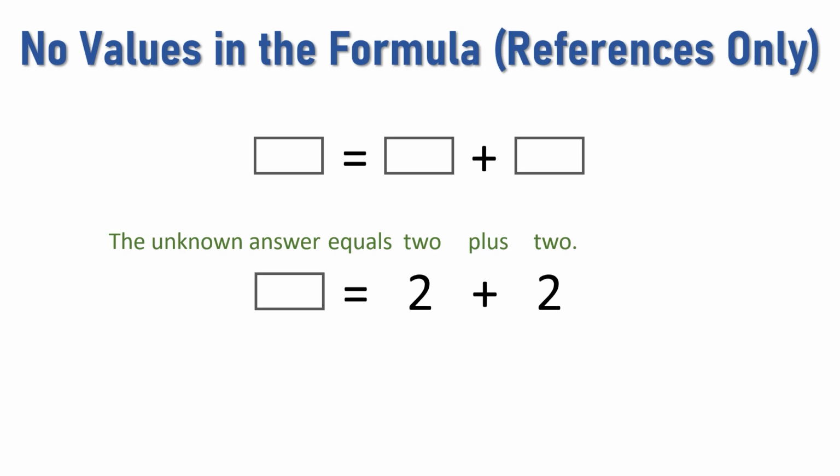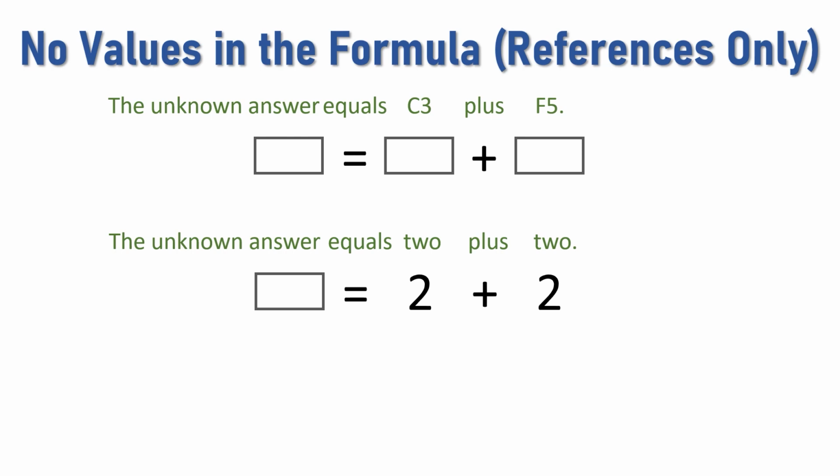So how do we write the formula without the actual values? We're going to reference those values. We're going to put those values in other cells, and we're going to reference the values as cells so that it now reads the unknown answer equals C3 plus F5. And of course, we're assuming that in C3 and F5, there are the numbers 2 in those cells.